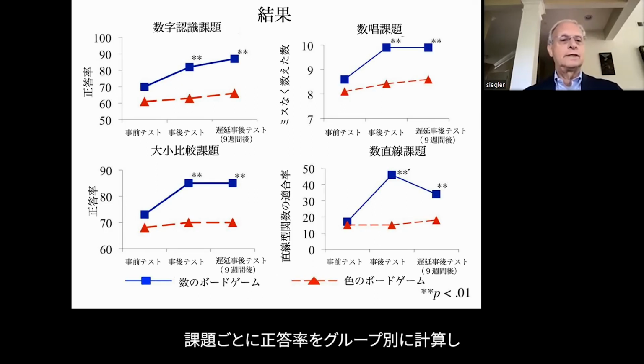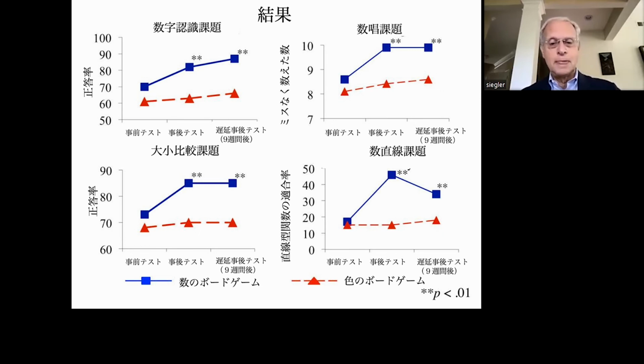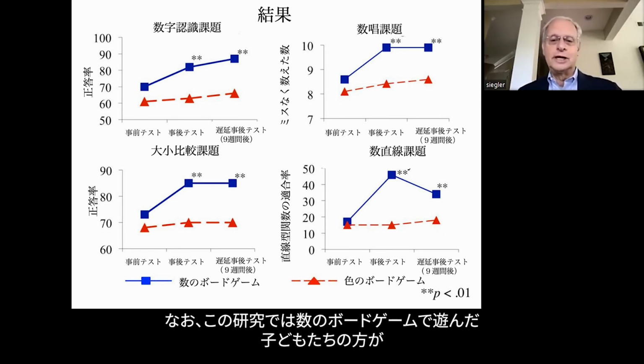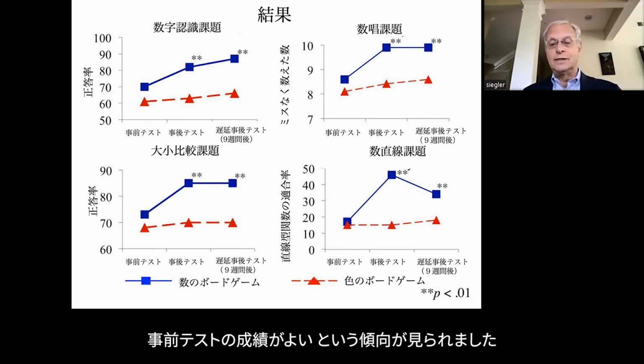We looked at the percent correct on different tasks, and we looked at the pre-test scores, the post-test scores, and the follow-up scores. Now, in this particular study, the kids in the number board game were a little better at the pre-test than the kids in the color board game.